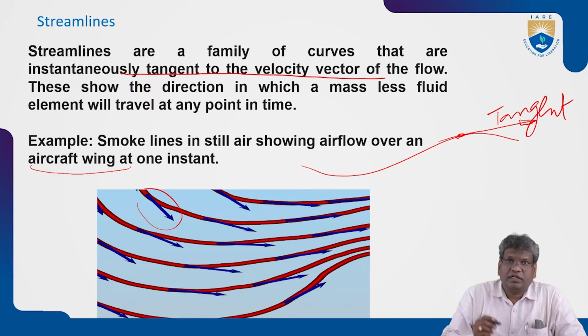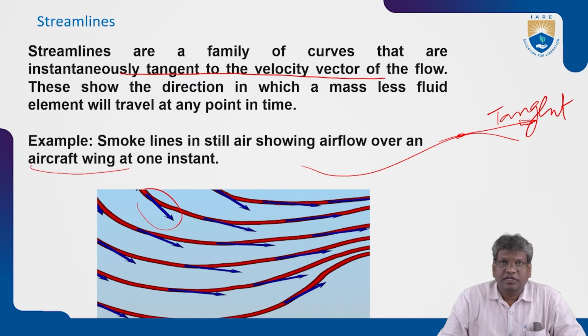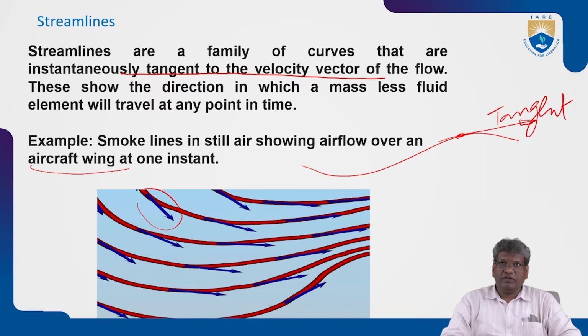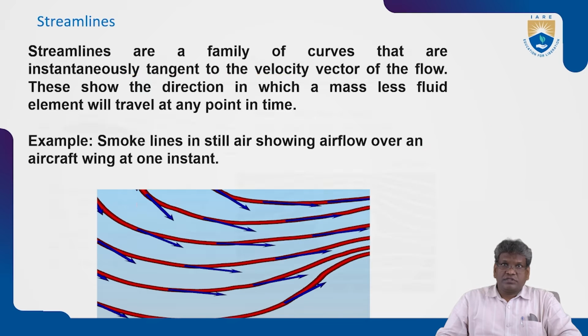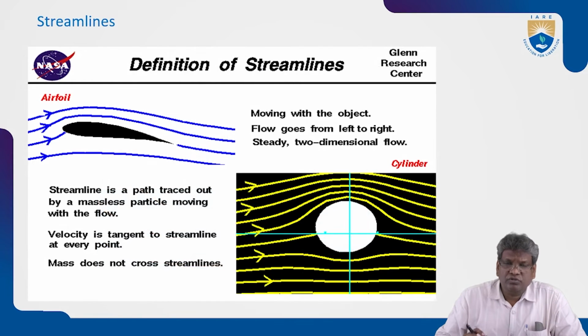If you observe the aircraft wing at a particular instant and release some smoke lines, they can be shown as streamlines. So smoke lines in still air showing airflow over an aircraft wing is an example of streamlines. Here also we can observe.